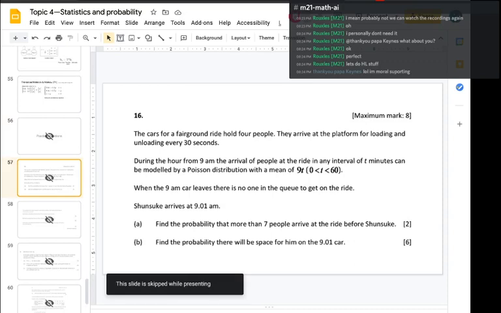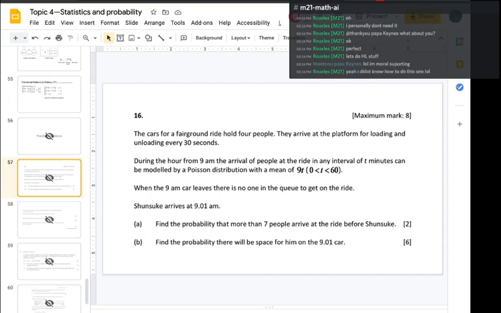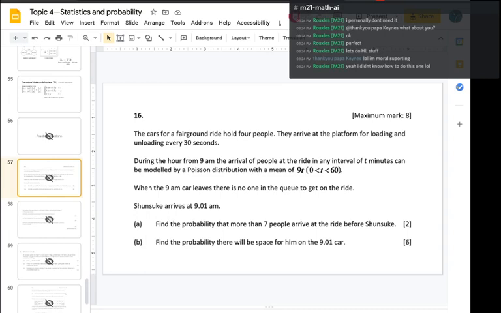Okay. The cars for a fairground ride hold 4 people. They arrive at a platform for loading and unloading every 30 seconds. During the hour from 9 a.m., the arrival of people at the ride in any interval of 3 minutes can be modeled by a Poisson distribution with a mean of 9t, where t is bigger than 0 and less than 60.